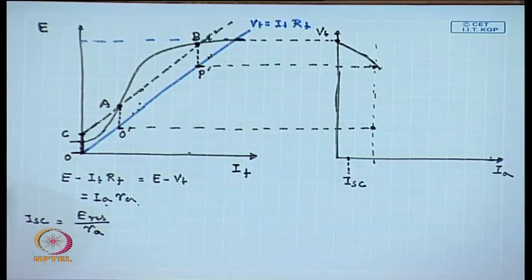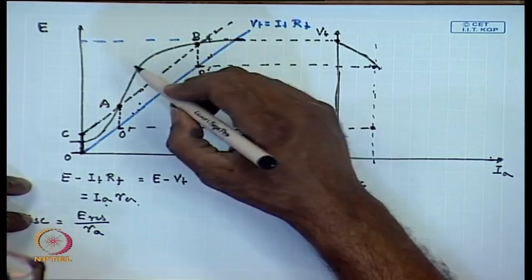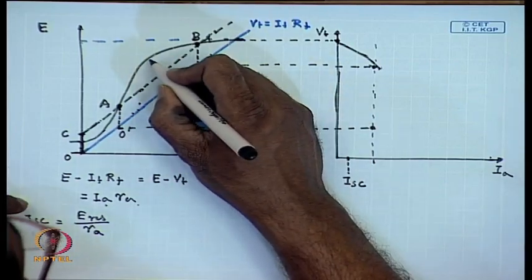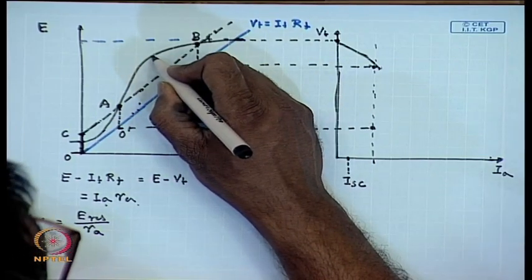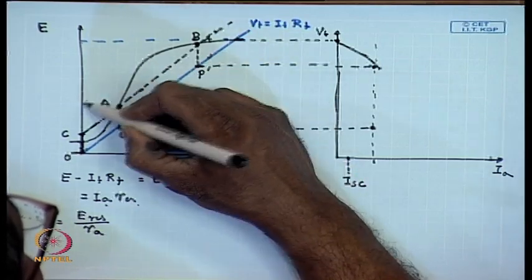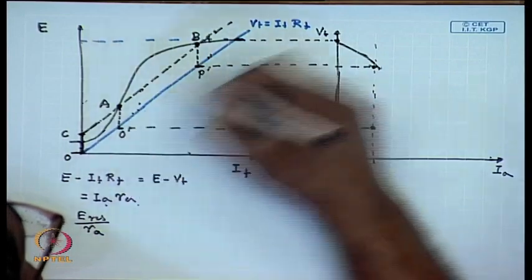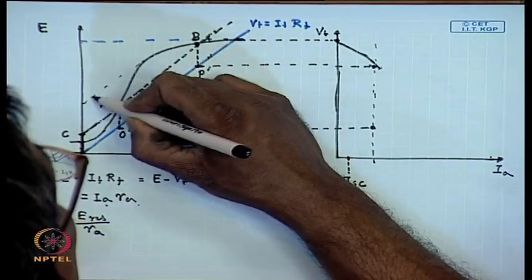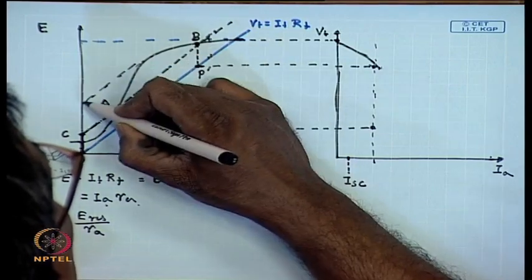The maximum current that can flow in the armature of this DC machine can be obtained by drawing a line parallel to the field load line and touching the OCC at one point.